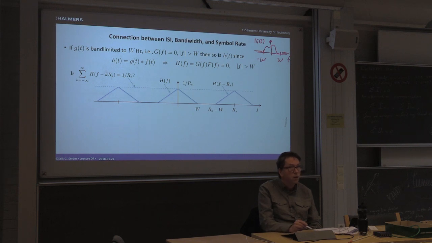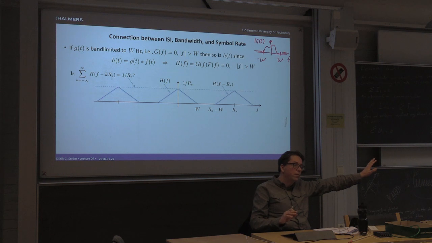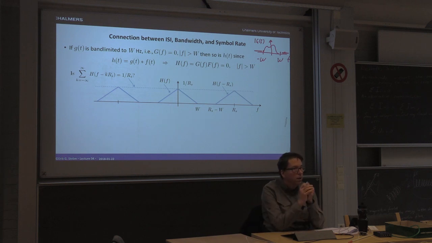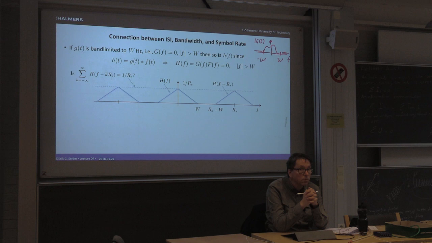All of these pulses go as far as you can go to the left and to the right, and then we add them together. Does this give us intersymbol interference-free transmission in this case? If we add these triangles, do we get a constant function?